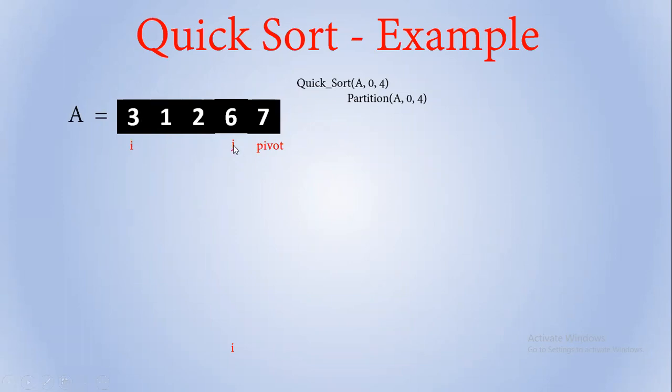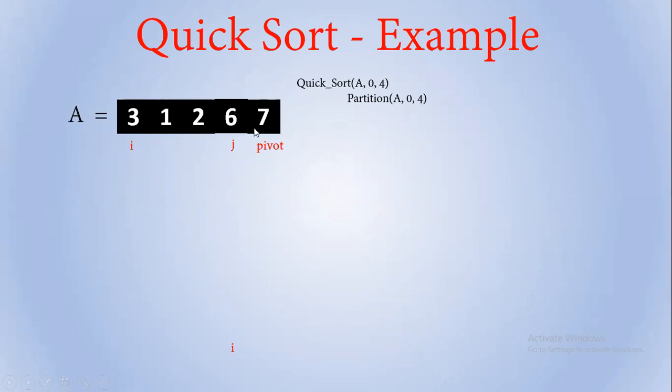Now J will be initialized to U minus 1. U is here 4, so U minus 1 is 3. That means J will be set to the index one less than the pivot.